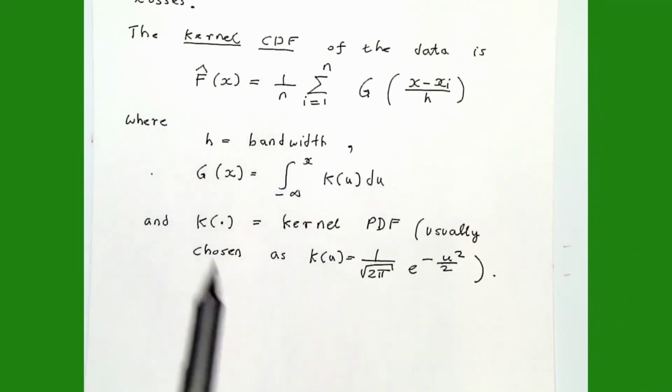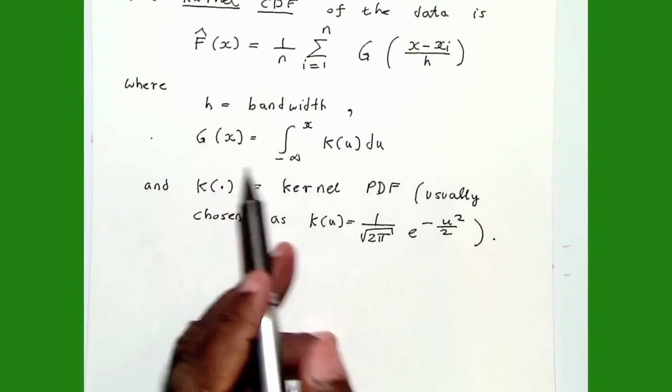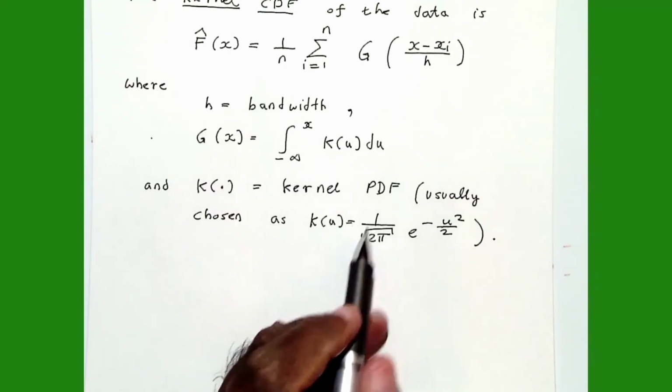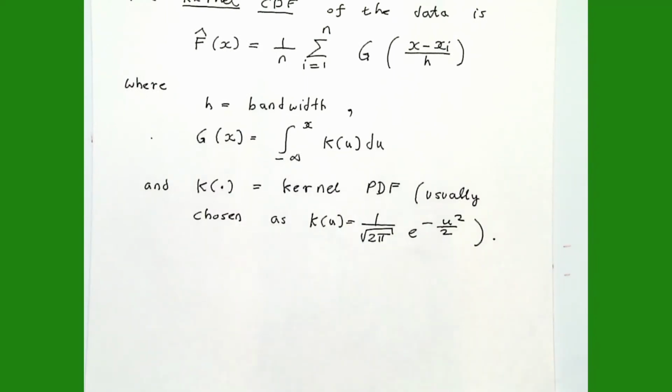So the larger the value for h, the smoother the estimate of the CDF will be. The smaller the value for h, the less smooth the CDF will be. G is given by this, and K is the kernel PDF, usually chosen as this.